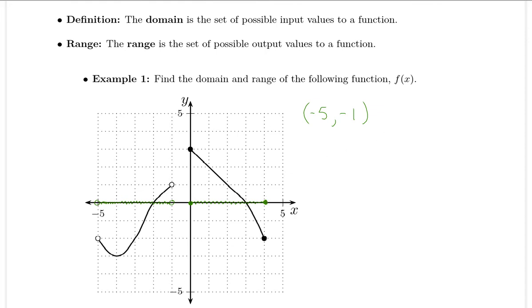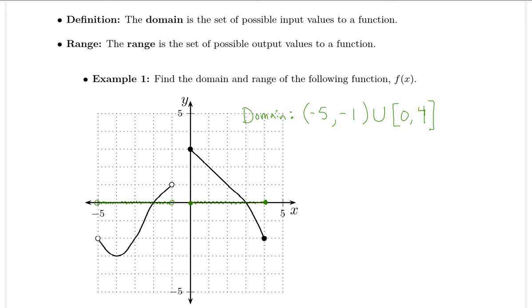So we can go ahead and also put this down, 0 to 4. And then remember, what we learned is that if we have two separate brackets and we want to put them together to say that this is one domain, we put those together with this capital U symbol, and it's the union of these two intervals. So that would be the domain of this function.